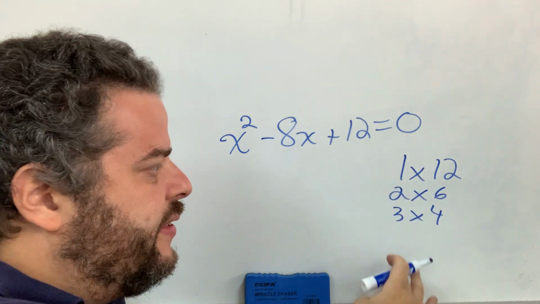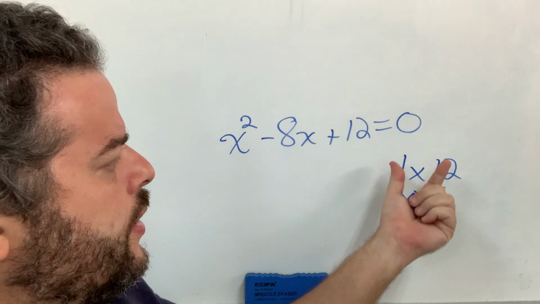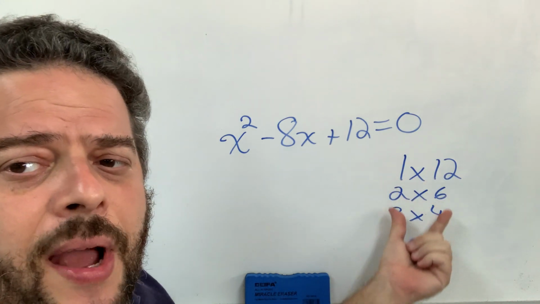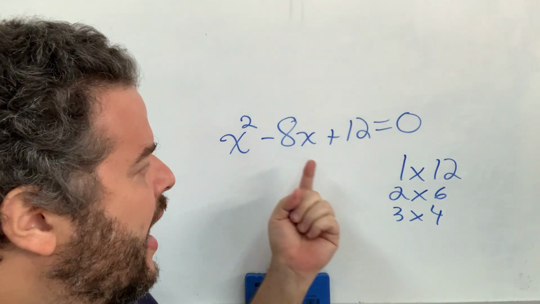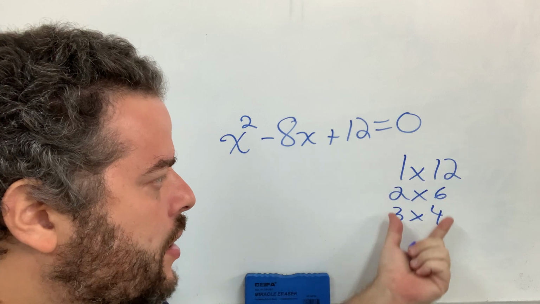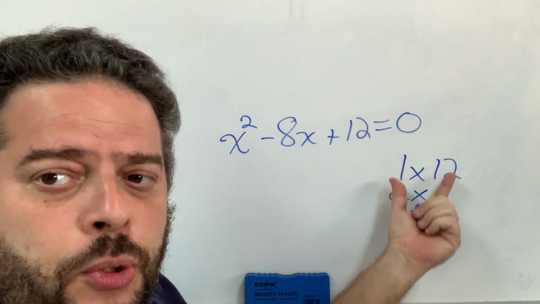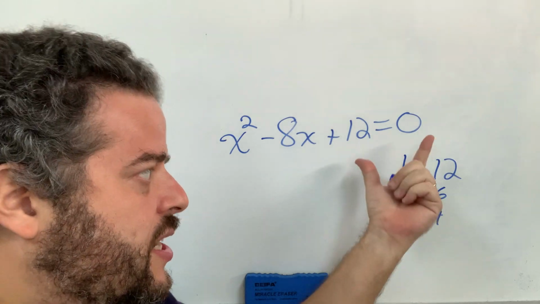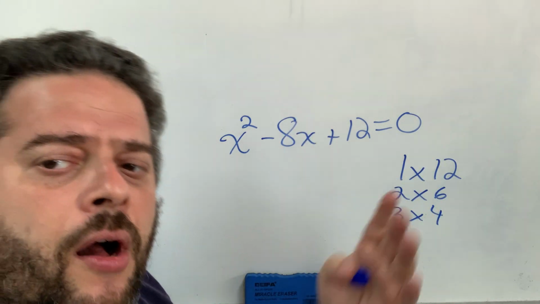You go down this list. Now you're going to look at these numbers. And then you're going to see, after you have the factors, how can you end up with this negative 8? Looking at these numbers, know that you can change the signs of all or any of these numbers. You can change the sign of one number. You can change the sign of all the numbers.